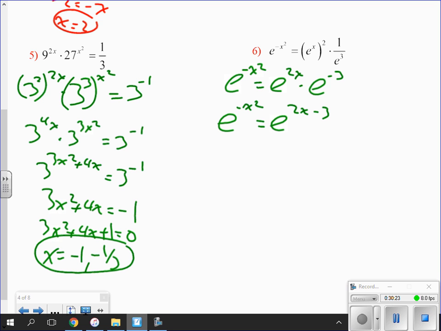That means negative x squared equals 2x minus 3. Set it equal to 0. I would move the negative x squared. You want to have your x squareds be positive whenever possible because it makes factoring so much easier, not to mention quadratic formula. 0 equals x squared plus 2x minus 3. You factor, set each factor equal to 0, and you get x equals negative 3 and 1.